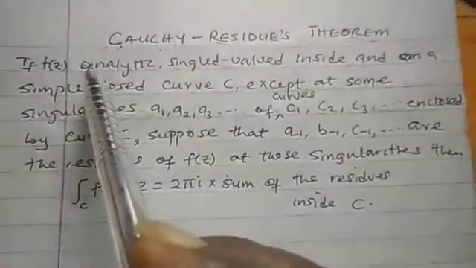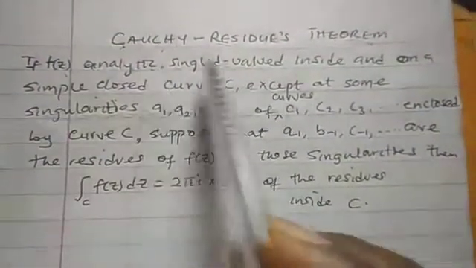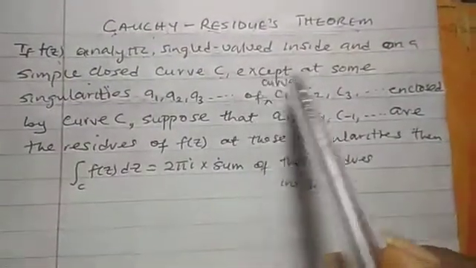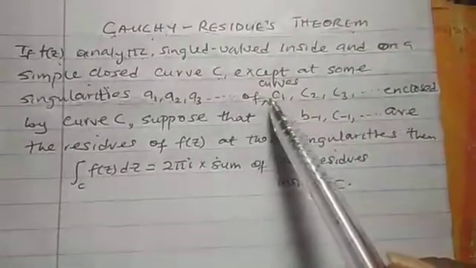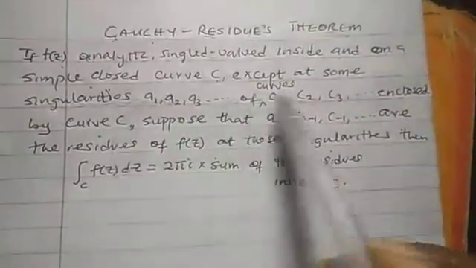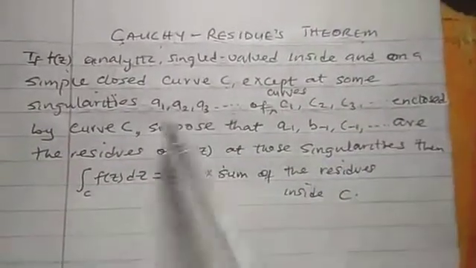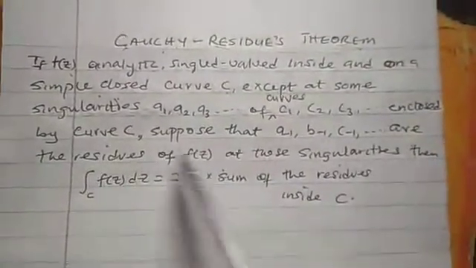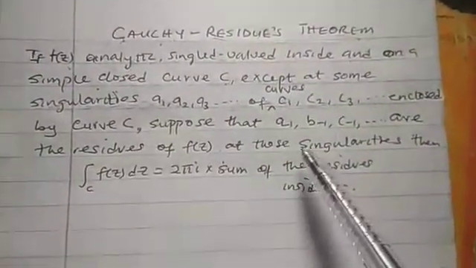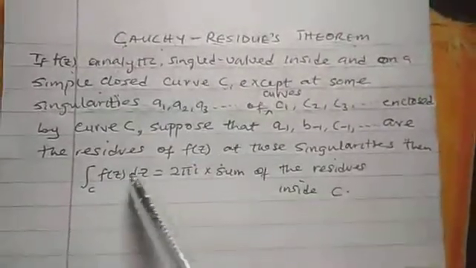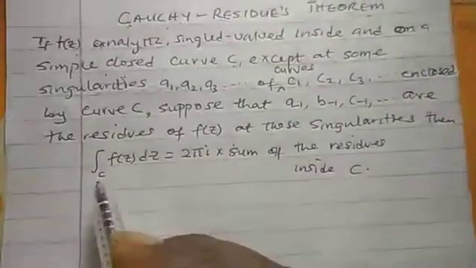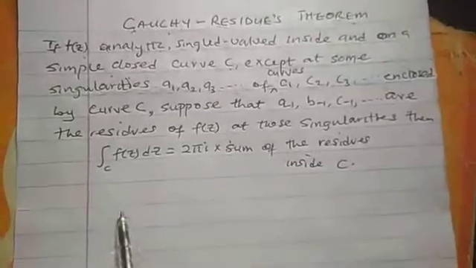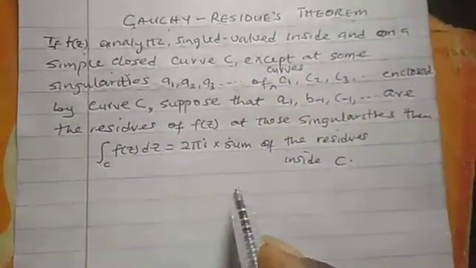This theorem says that if a function f of z is analytic and single-valued inside this curve C, but has some singularities enclosed by this curve, C1, C2, and suppose that A1, A2 and so on are the residues of f of z at those singularities, then the theorem says that the integral of f of z dz is equal to 2 pi i times the sum of the residues.